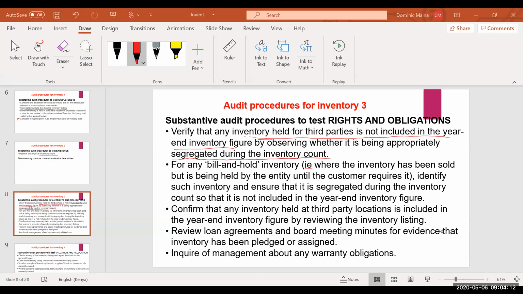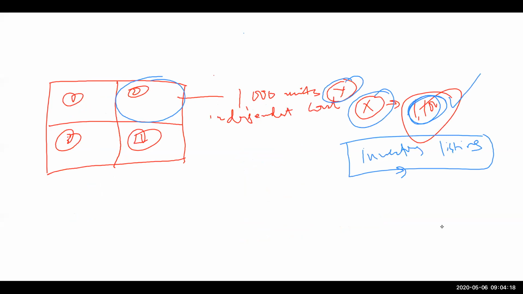Let me just go back to what we were discussing previously. This is the client warehouse example that we gave before. We say that as long as you do the test count in part 2, if the client has some other inventory where they have made a sale and are yet to deliver, then they should have a separate warehouse for that inventory held for that party.